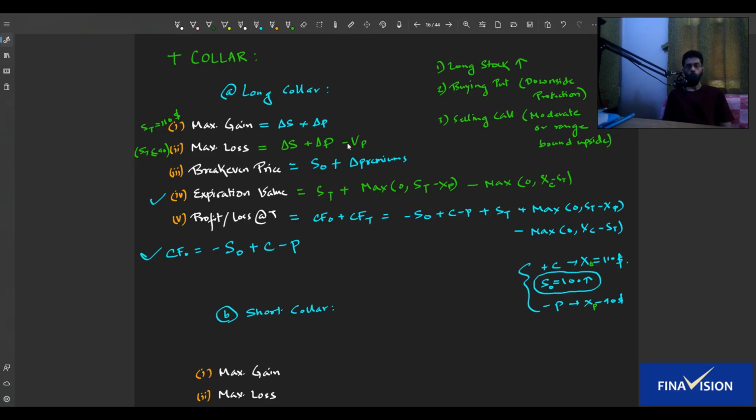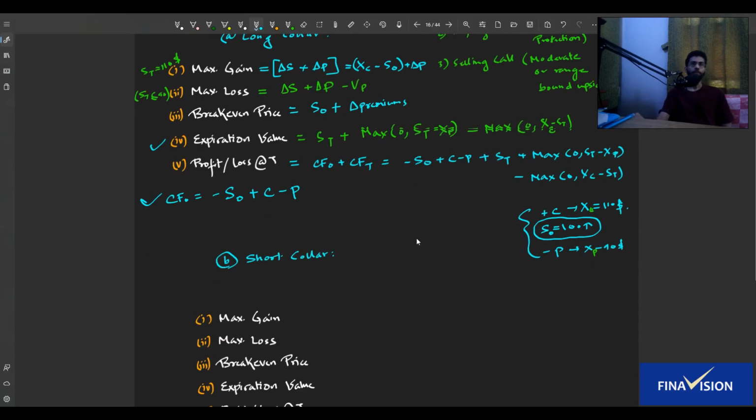The value of the call and the value of the put both are 0 at 110, right? So both of them expire at 0 value. So the maximum profit is the difference between the premiums and the gain due to the stock price increase, right? This is the maximum gain. And actually this is nothing but the call strike minus the price at which the stock was purchased plus the adjustment due to the premiums, right? This is the maximum gain.